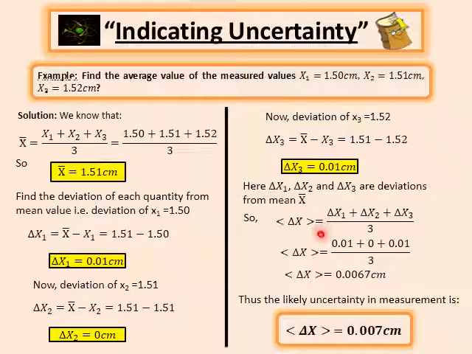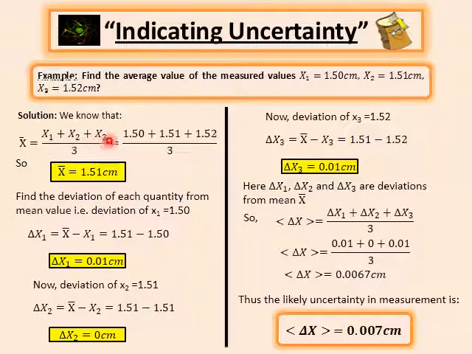Now students, here we are going to represent the uncertainty in average values of many measurements. So here we have a very simple example. We have three values of x1, x2 and x3 which are 1.50, 1.51 and 1.52 respectively. So first we are going to find the mean value.